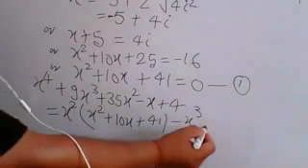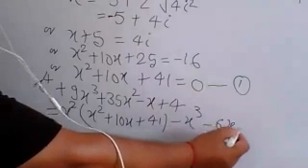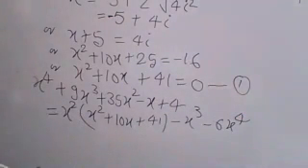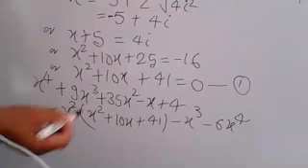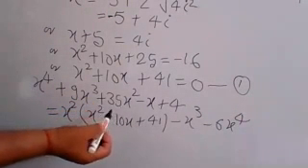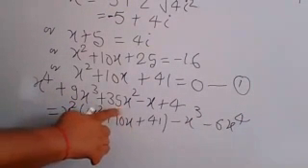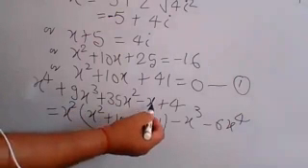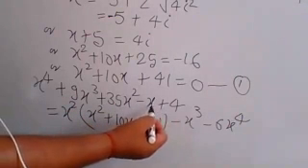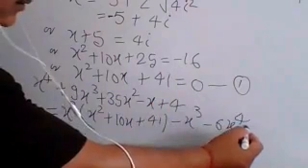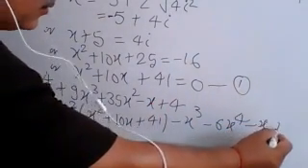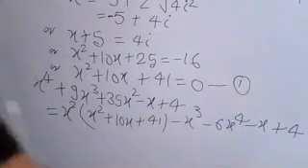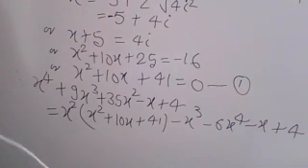So here you write minus 6x square. Understand? In this way you balance the terms up to x square. Now you write your remaining terms, which are minus x plus 4.